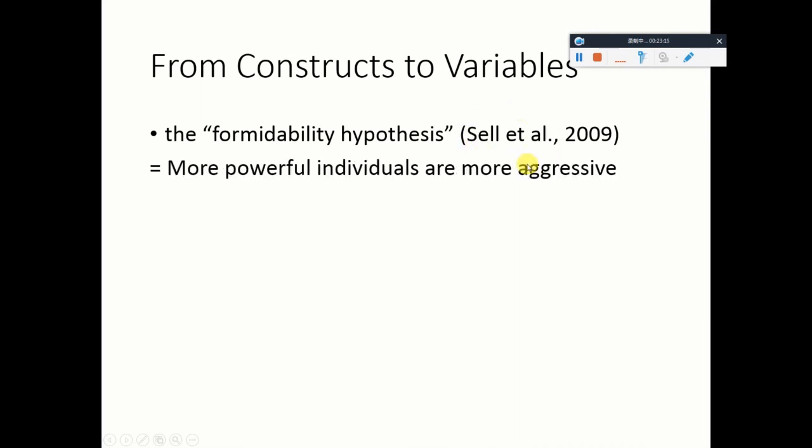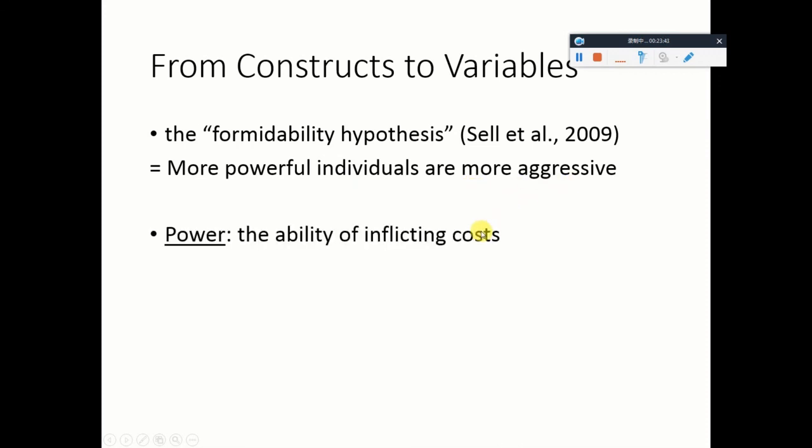So the formidability hypothesis is actually a very simple thought. It simply says the more formidable or powerful a person is, that person will tend to be more aggressive. In other words, the sentence says there's some kind of relationship between a person's formidability or sense of power and their aggressiveness.